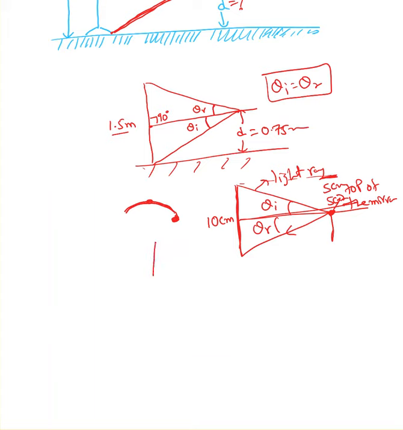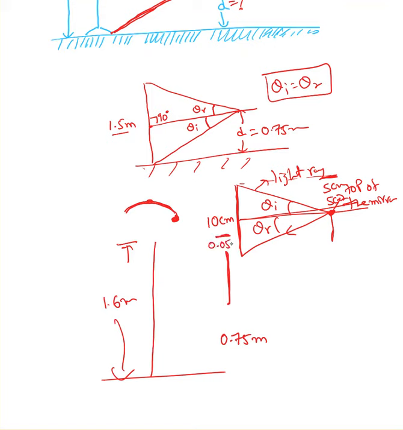So the total height of that person is 1.6 meters or 160 centimeters. Okay, so here you're going to place the mirror somewhere there, and I know this value I end up with 0.75 meter, and this value I end up with 0.05 meter, because that's 5 centimeters from here.